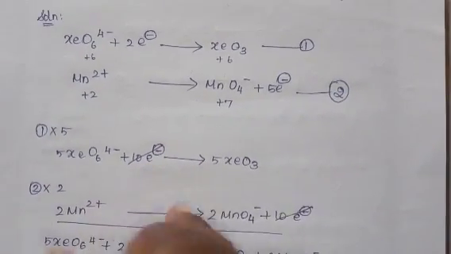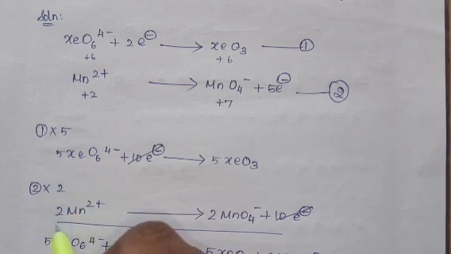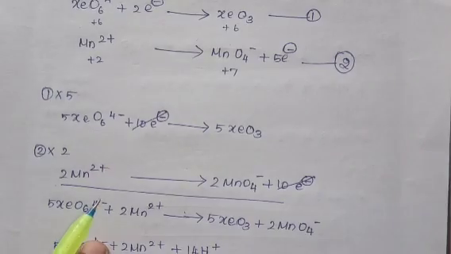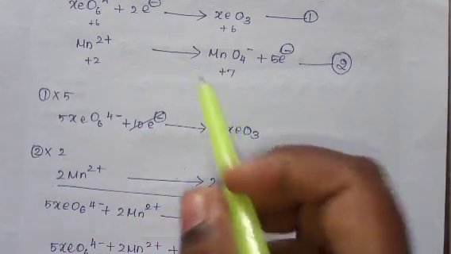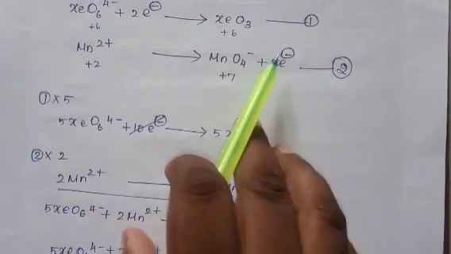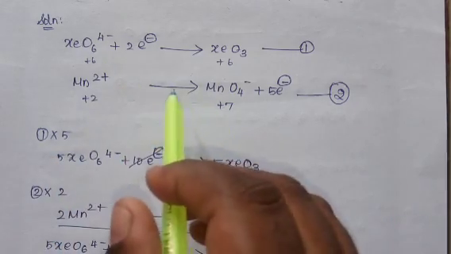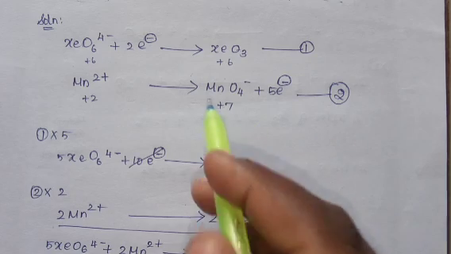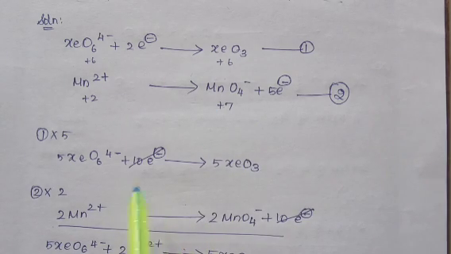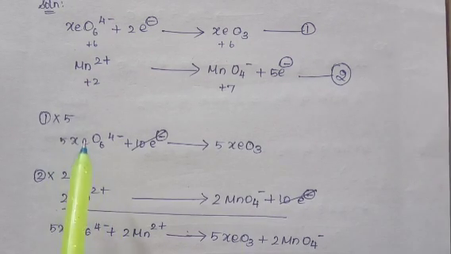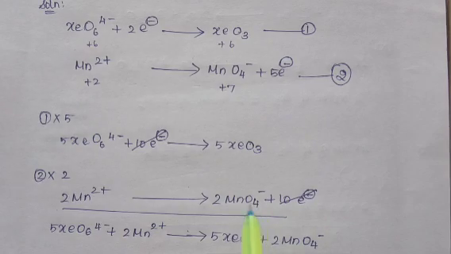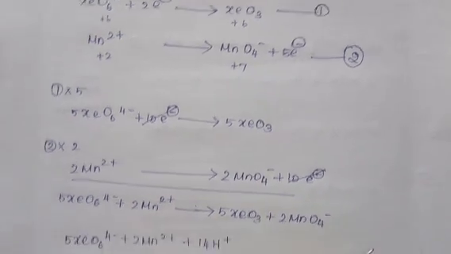For the first equation we have to multiply with 5 and the second equation with 2. While adding we get 10 because here 2e, here 5e, right? So here 2e, multiplying with 5 we get 10, here multiplying with 2 we get 10. So 10e gets cancelled. Next we have to add it. So 5XeO6 4 minus gives 5XeO3 plus 2MnO4 minus.